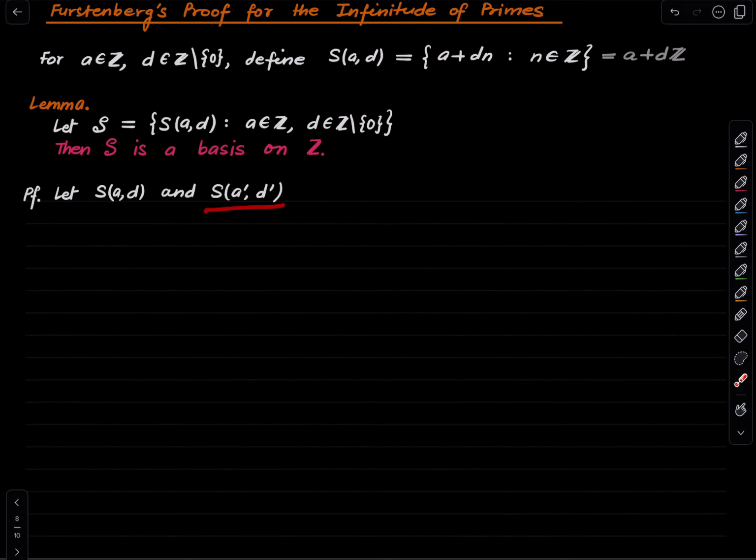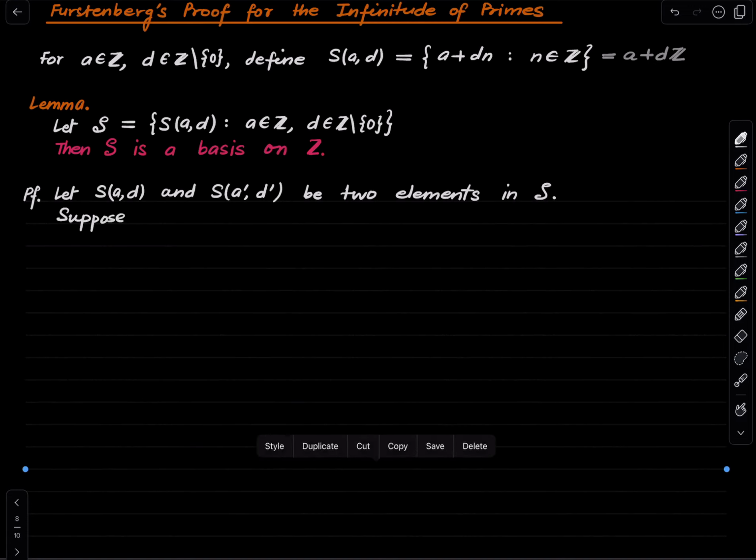So this is another basis element, and we will pick something in their intersection. Suppose there is a point P. P doesn't denote a prime or anything. It's just a point, just some integer in their intersection.